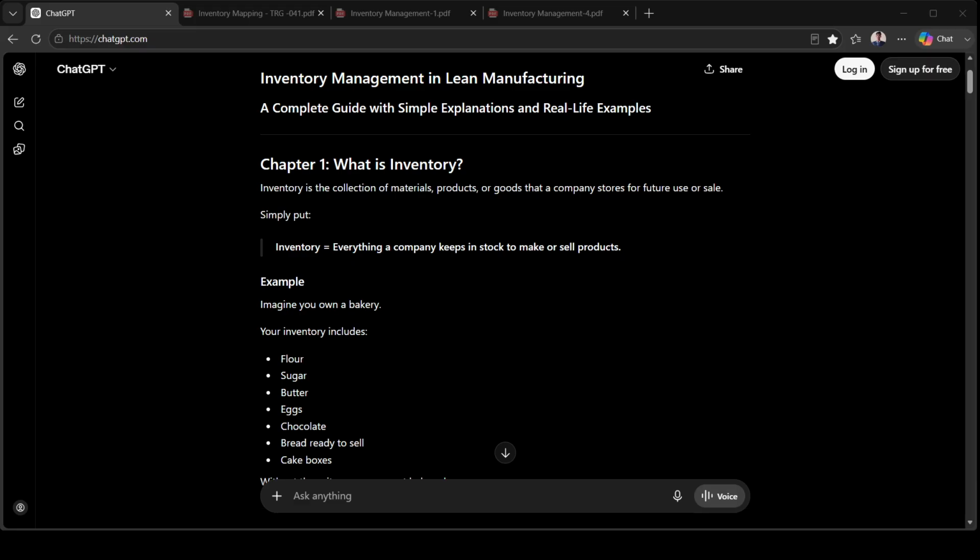In today's video, we are going to learn about inventory management, one of the most important concepts in lean manufacturing, supply chain and warehouse operations. If inventory is not managed properly, companies face problems such as production delay, excess stock, higher storage cost, and customer dissatisfaction.